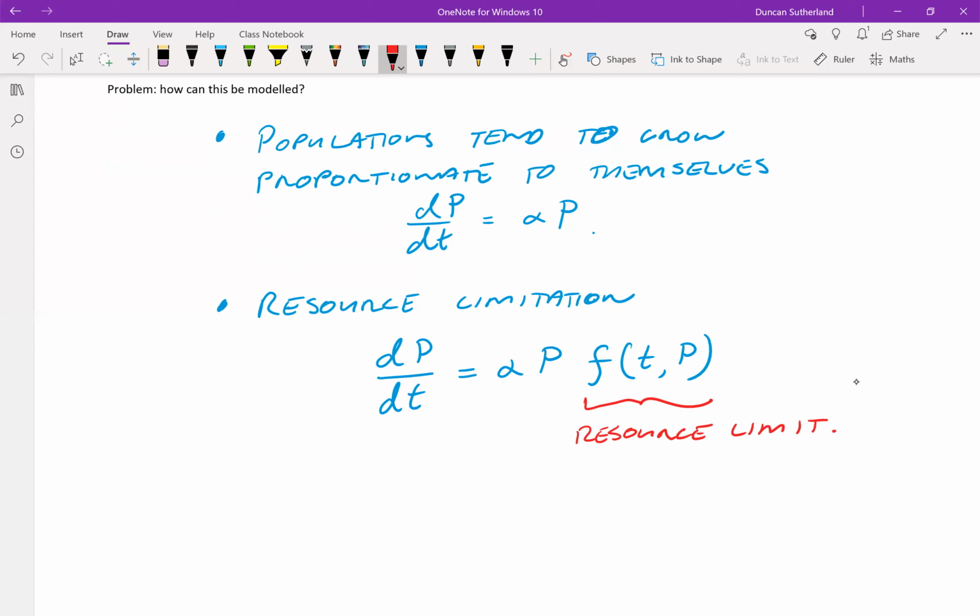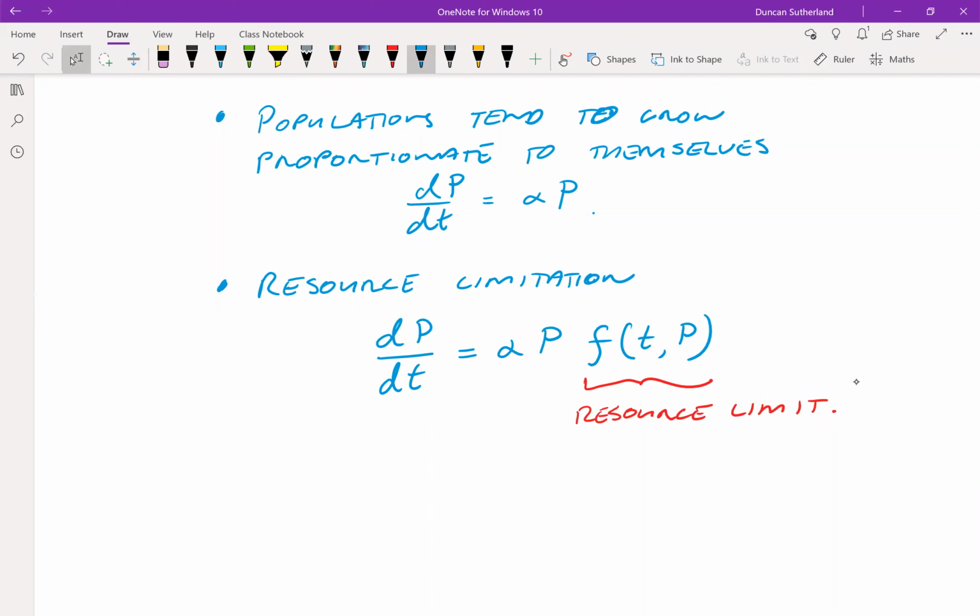So we can't simply just subtract members off the population. This won't be an additive term because it makes no sense to keep reducing the population because the resources run out. So you want to change the rate at which the population grows.